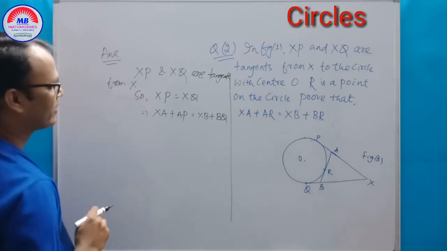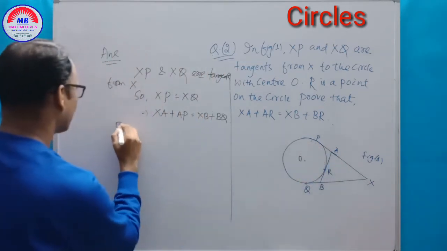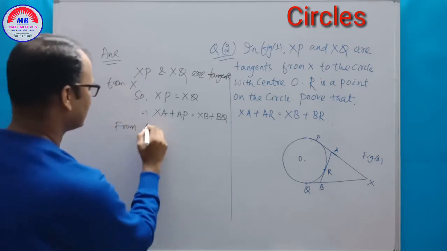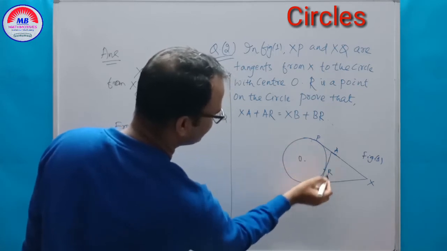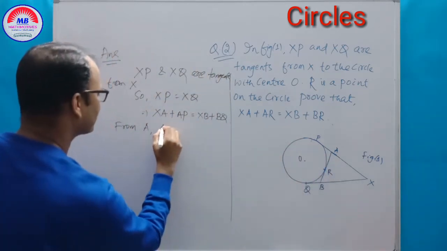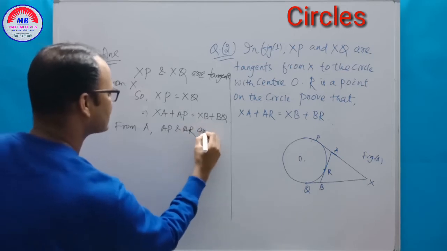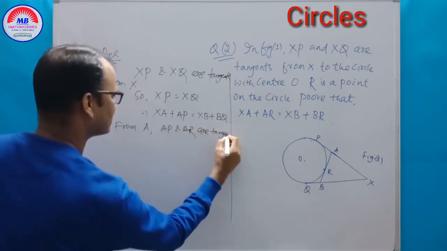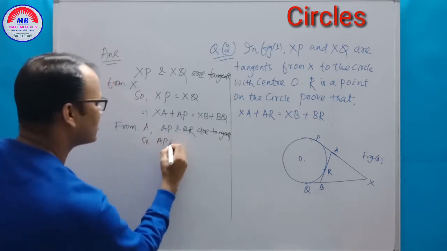Now you see from A there are two tangents, from this external point, AP and AR. So AP is equal to AR.